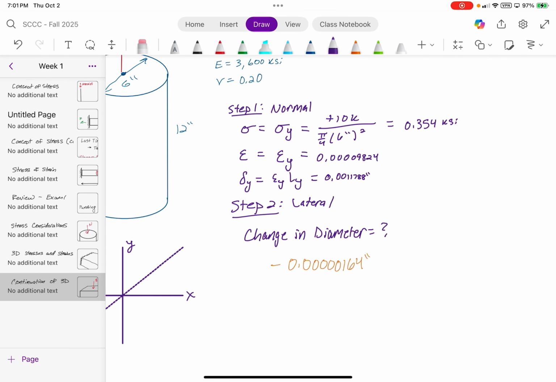How did you calculate the change in diameter? Multiply it by the negative mu. Multiply what by the negative mu? That number, the delta y? Epsilon y.